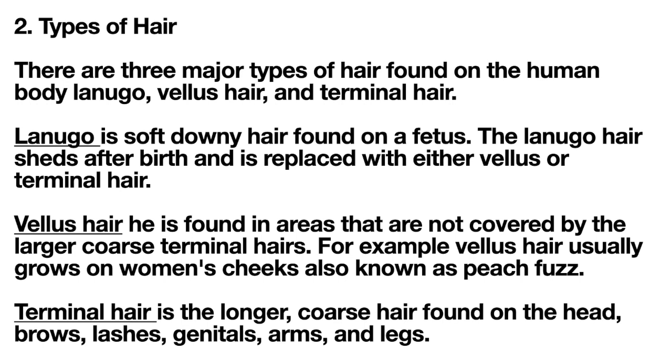Vellus hair is found in areas that are not covered by the larger, coarser terminal hairs. For example, vellus hair usually grows on women's cheeks, also known as peach fuzz. Terminal hair is the longer, coarser hair found on the head, brows, lashes, genitals, arms, and legs.